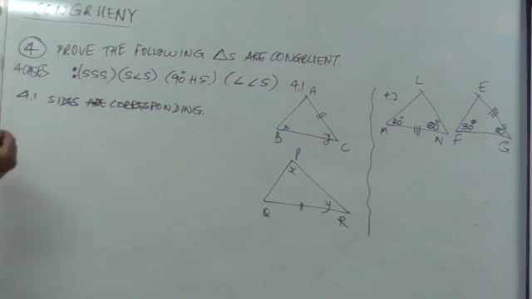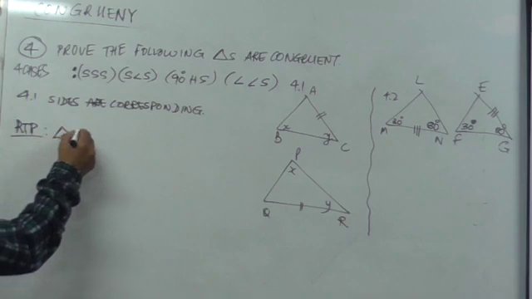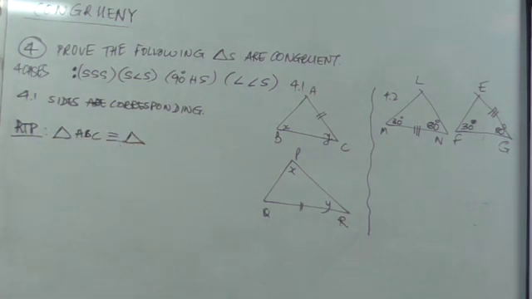So, we can prove. Required to prove, triangle ABC is congruent to triangle. Now stop and see how we label it.